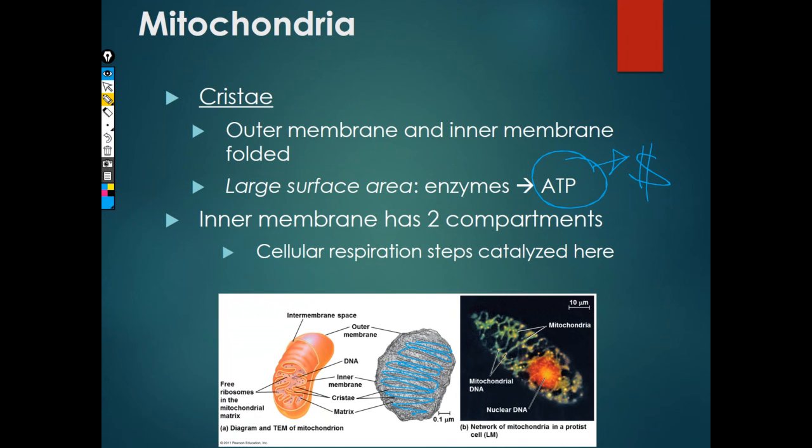So the fact that we have all of these cristae, this extra folding, makes more room, more surface area, for that ATP to be made, which is why the mitochondria is the powerhouse of the cell. It's one of the most efficient organelles at doing this because of all of these folds.